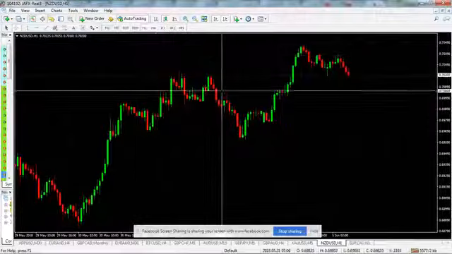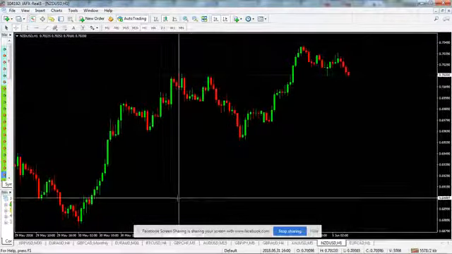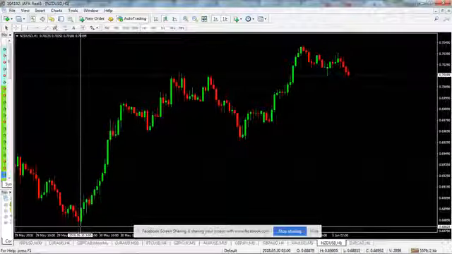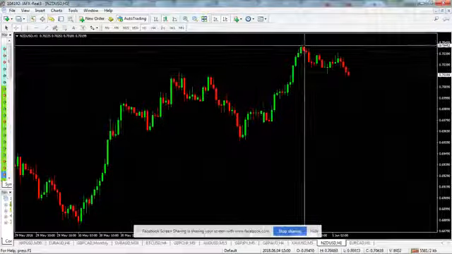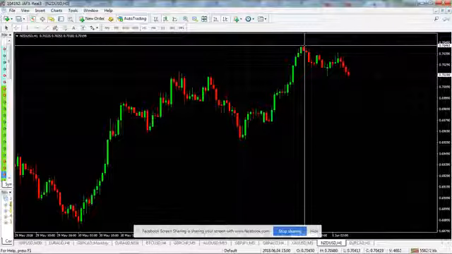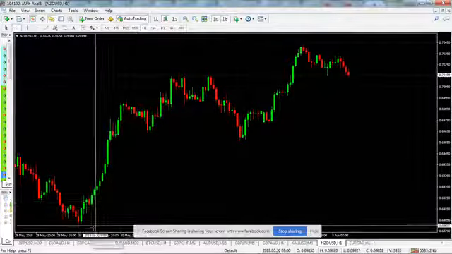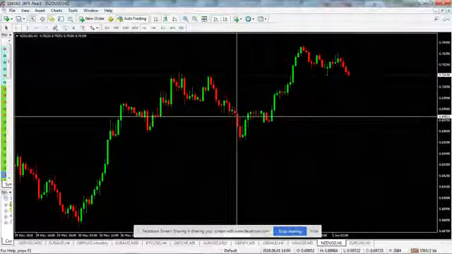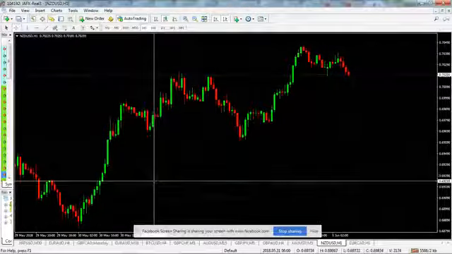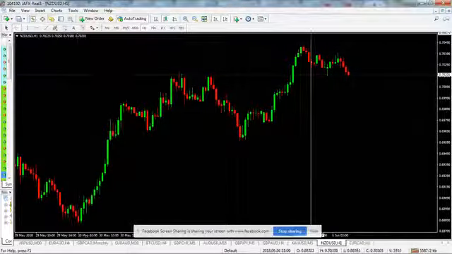Let's go to something realistic here, the H1 scale, the hourly scale. So price went from 68.80, let's say, to 70.50. 68.80 to 70.50 is 170 pips. So price moved 170 pips.